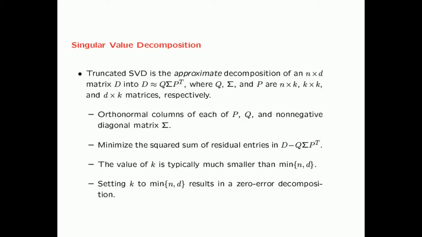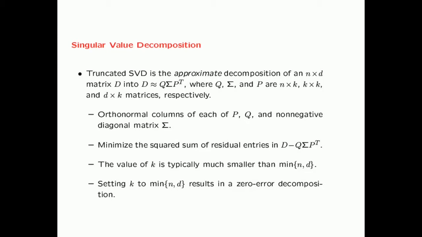The reason for this is that the value of K that is used is typically much smaller than the minimum of N and D. And therefore, the total number of entries in the matrices Q, sigma and P will be much less than the N cross D entries in the original data matrix D. And it is because you use a value of K, which is typically much smaller than the minimum of N and D, that you can never exactly replicate D by using this decomposition. That is why it is referred to as truncated singular value decomposition.